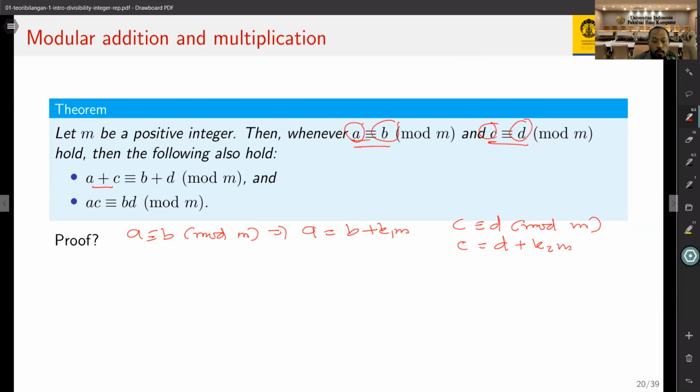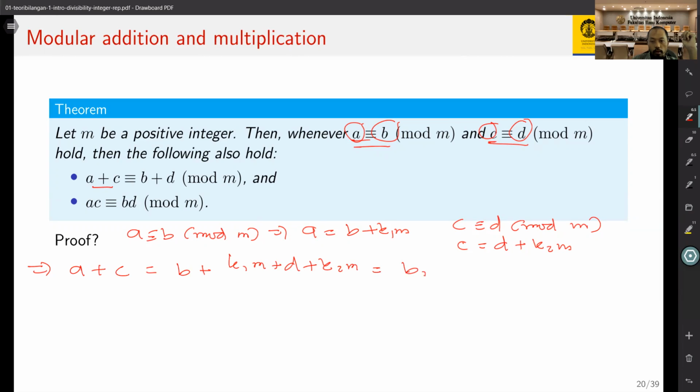Now, in this case, A plus C is, of course, B plus K1M plus D plus K2M, which is equal to B plus D plus (K1 plus K2)M.